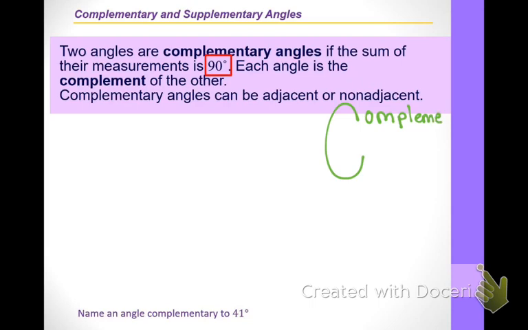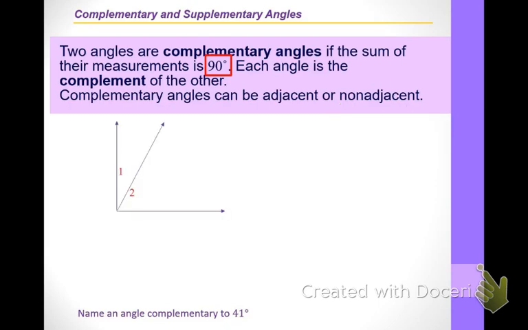Complementary angles look like a corner. So it's a way to remember it. Complementary corner, complementary corner. How many degrees are every single corner in the world? So this corner, that corner, the corner of the ceiling tiles, the corner of the room. How many degrees? 90. So complementary angles will add up to 90 like a corner.